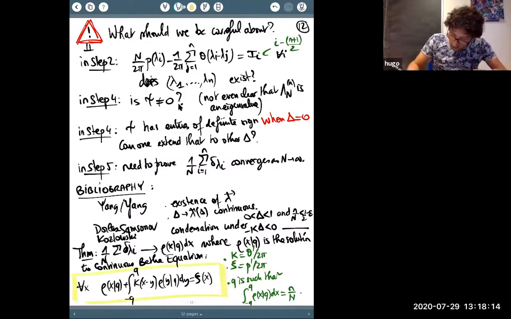And there is some kind of normalization, that the total mass of my measure should be small n over capital N. So this is the result of Dorlas, Samsonov, and of Kozlowski.